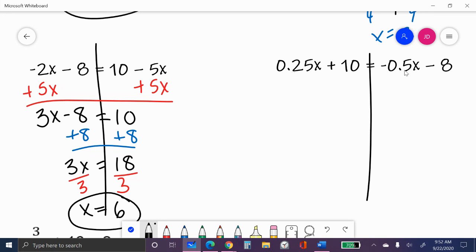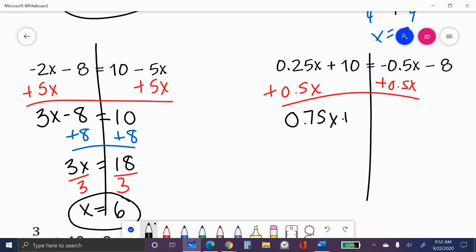So I'm going to bring this over. Add 0.5x. And again, you can use your calculator if you're not good with doing decimals in your head, but I know 25 cents plus 50 cents is 75 cents. So I try to use the money trick to help me do these problems.